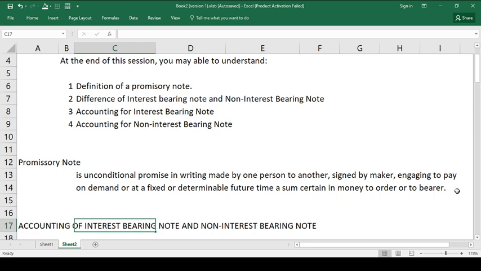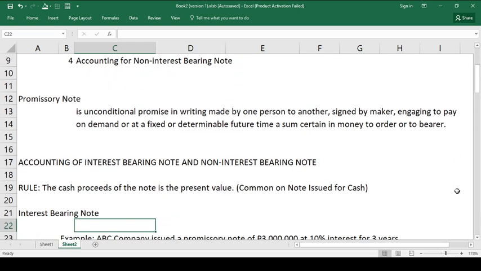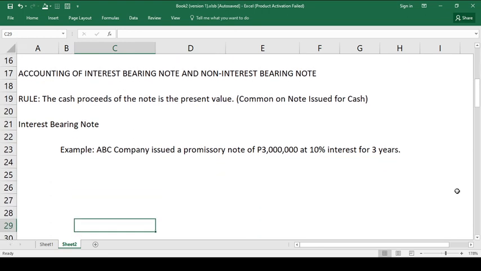As we go on, we are going to discuss the accounting of interest-bearing notes and non-interest-bearing notes. At the same time, we are going to identify the difference between an interest-bearing note and a non-interest-bearing note, and the difference in accounting procedure for each.